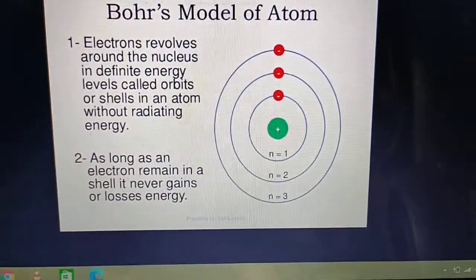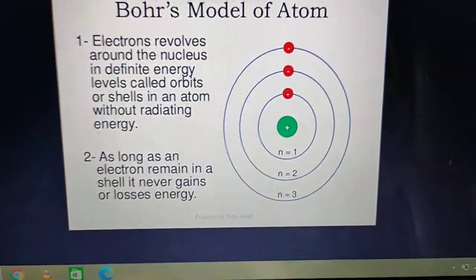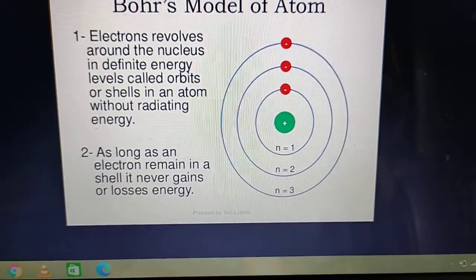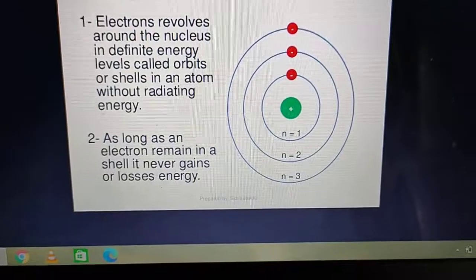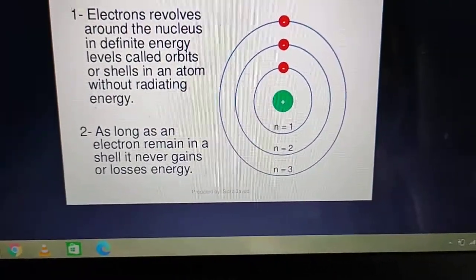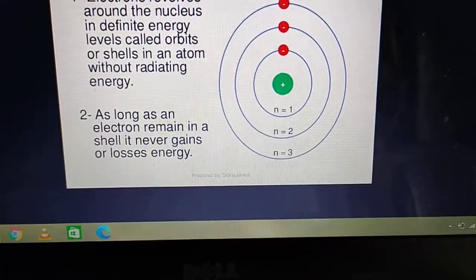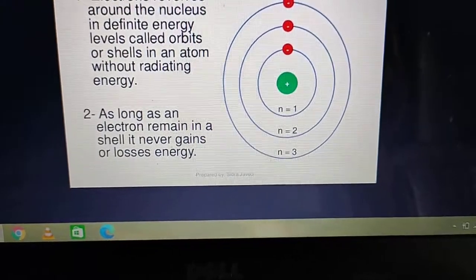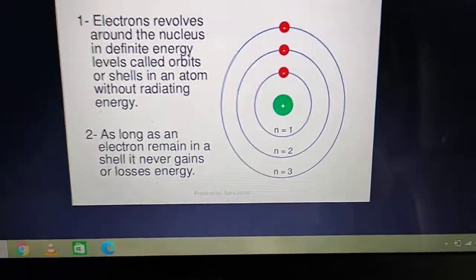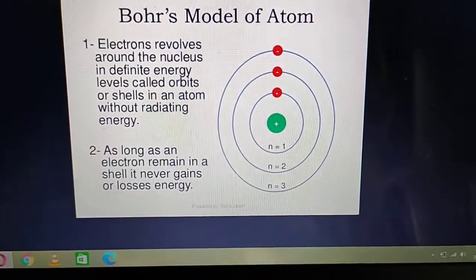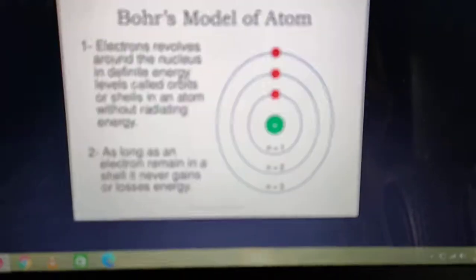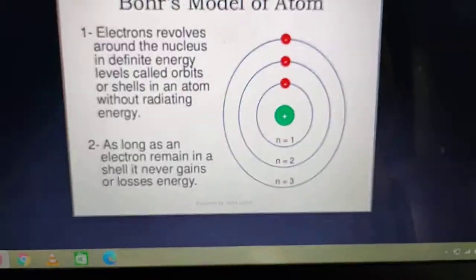According to Bohr's atomic model, electrons revolve around the nucleus in certain orbits. These electrons are distributed in various orbits according to a scheme proposed by Bohr. The maximum number of electrons that can be accommodated in a given orbit is given by the formula 2n², where n is the quantum number of the orbit.